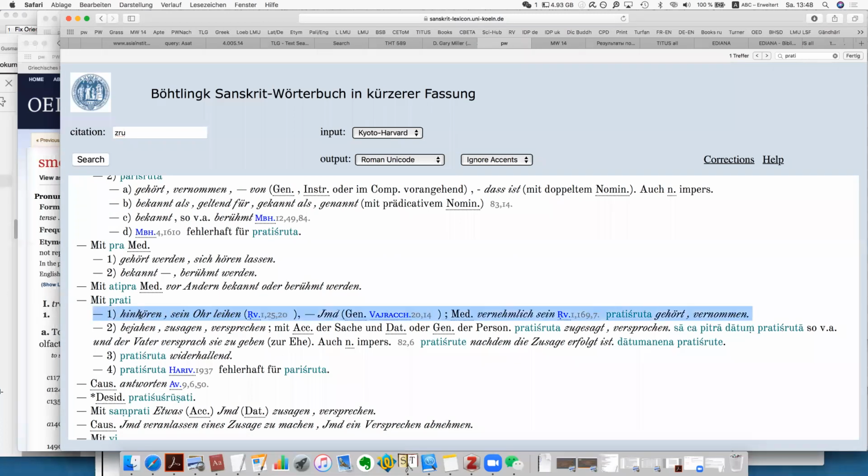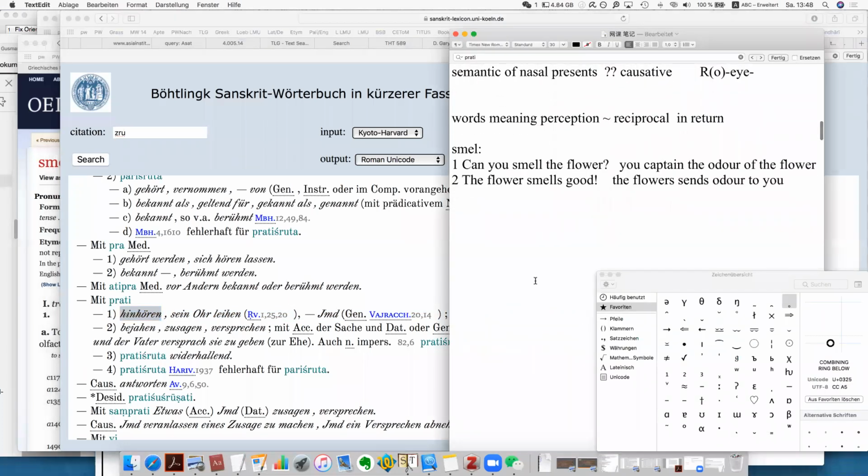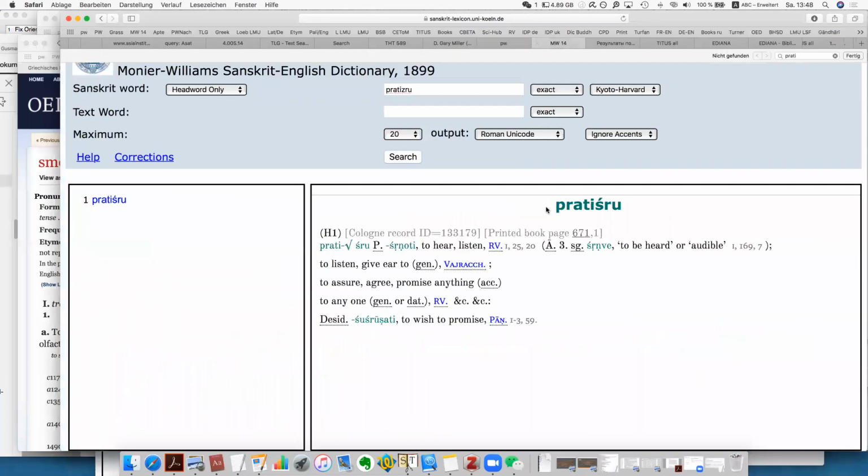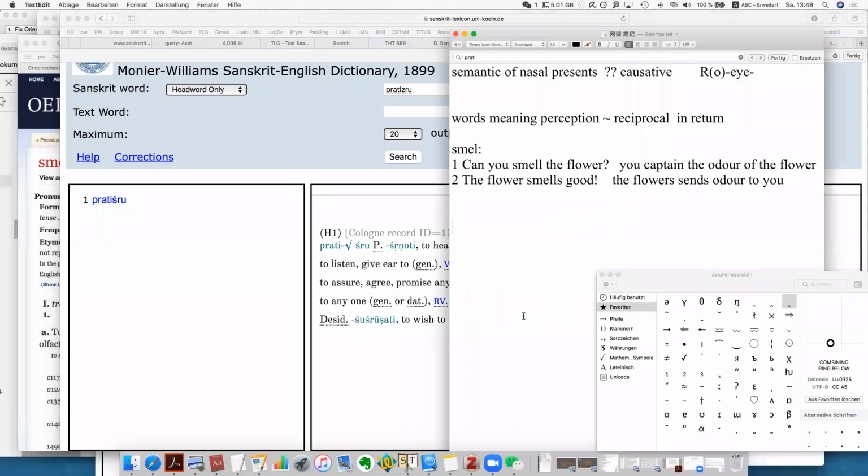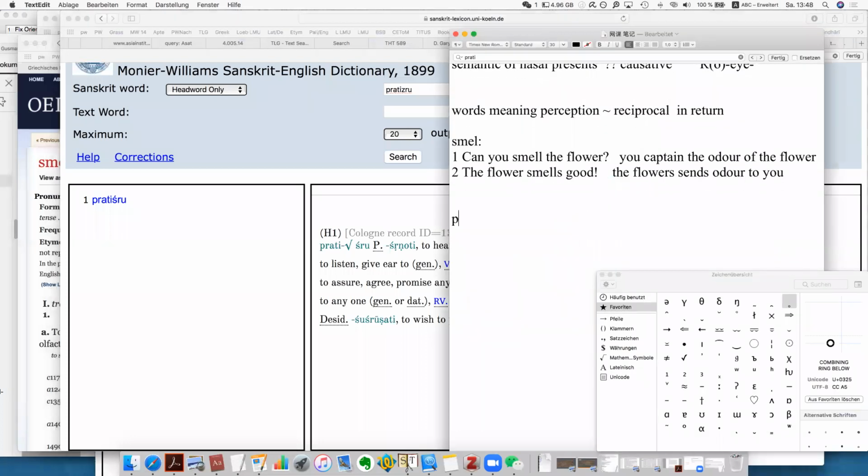So I really prefer German. Okay, so for German it's much better, I think. So the English does not really convey the nuance, the details, right? Okay, so prati-śru, actually in German, it's called hinhören.